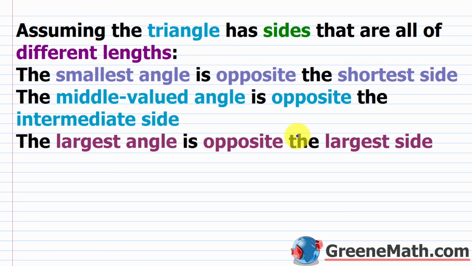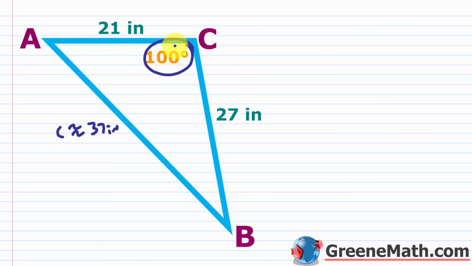So what am I getting at here? In this particular case, you have an obtuse angle already, so it is opposite the largest side, and we can clearly see that. But let's say that you didn't have an obtuse angle. Let's say you had an angle that was like 30 degrees, for example. When you go to find your other missing angles using the law of sines, you might run into a problem, because with the inverse sine function, you can't get an obtuse angle out of that.